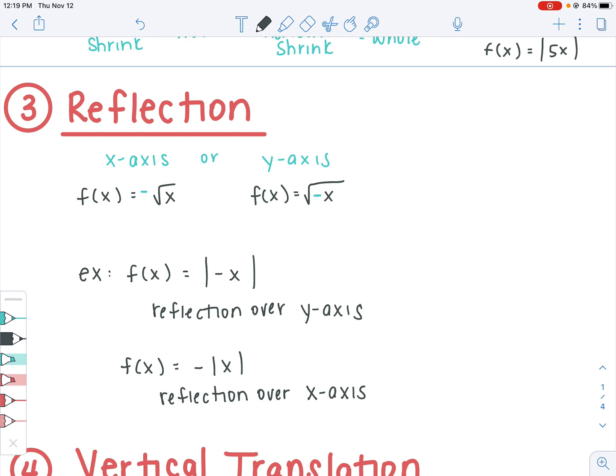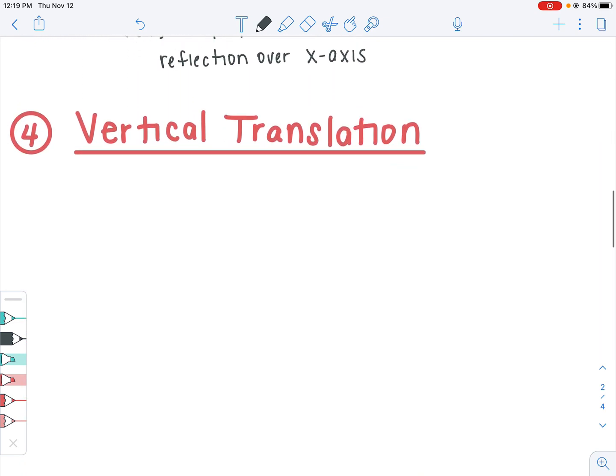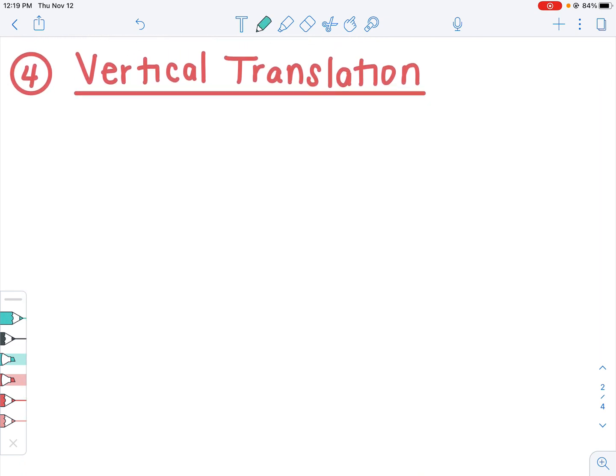So I move left and right, I stretch and shrink, I reflect, and then the last thing I'm always going to do is move up or down.